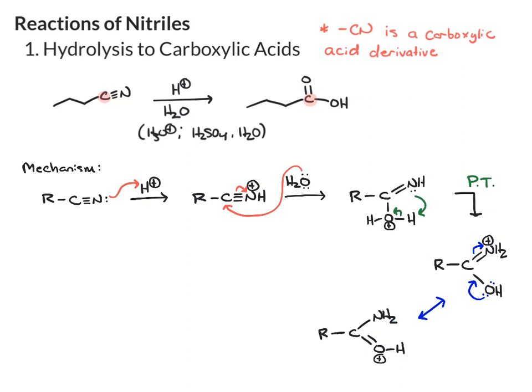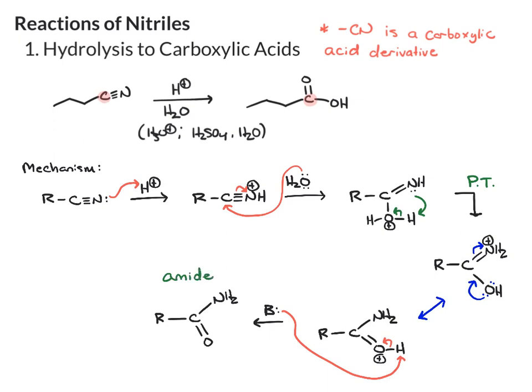And now we need to get rid of the proton from the oxygen. So here I'll just be generic and use a B with a lone pair. That will take the proton. And I hope you all recognize this as the amide functional group.